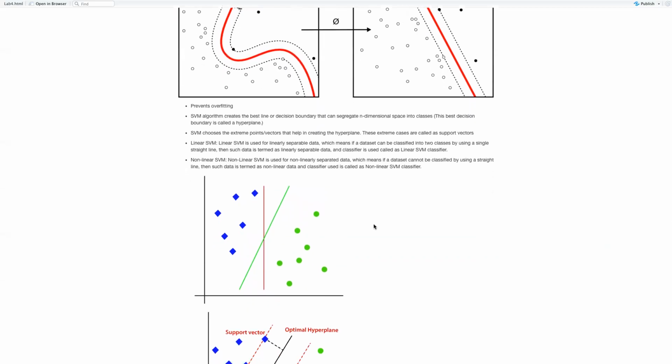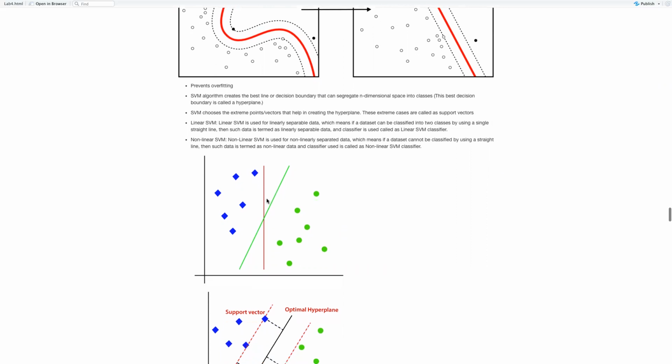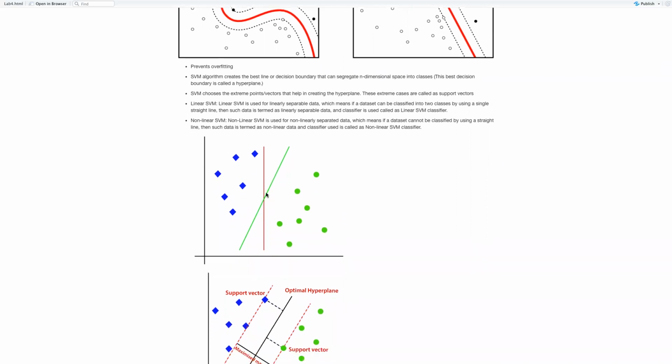So for example, we have this data set, and if we give them, for example, two lines here, both of these lines are able to separate the data into two classes.